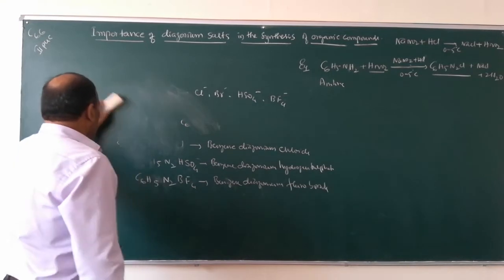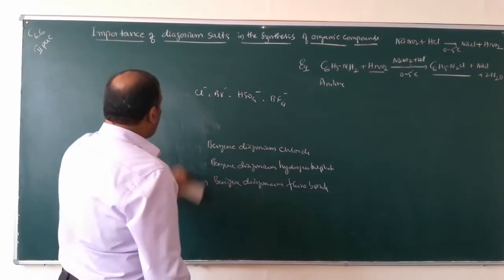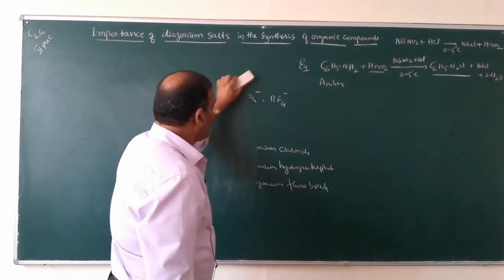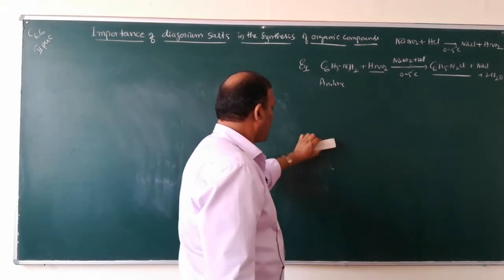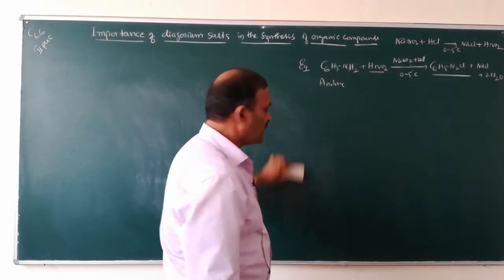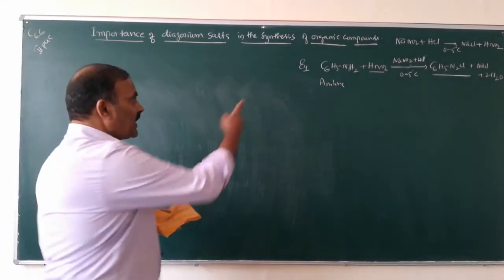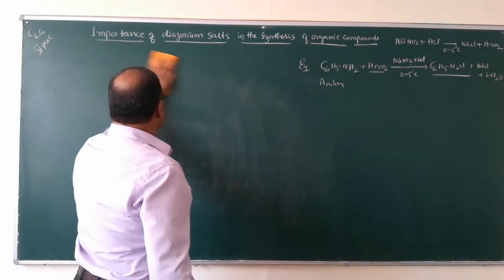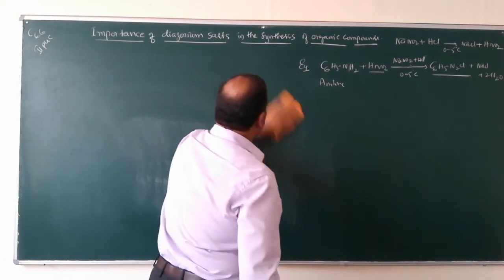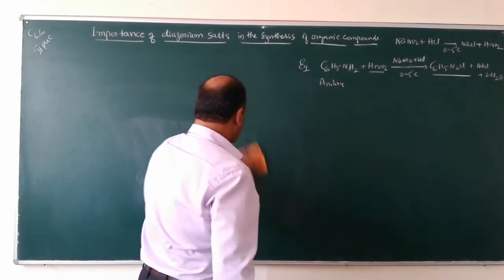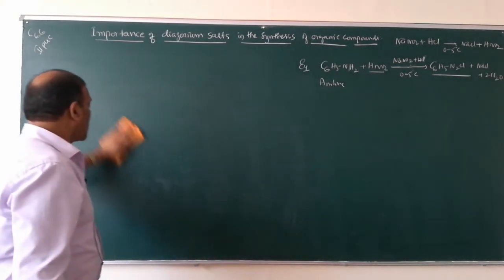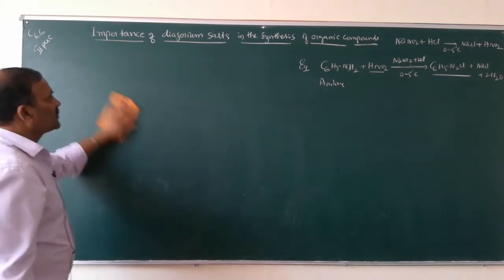So today's topic is the importance of benzene diazonium chloride. We have prepared benzene diazonium chloride. How is it prepared? When aniline reacts with nitrous acid, we get benzene diazonium chloride. So what is the importance of benzene diazonium chloride?